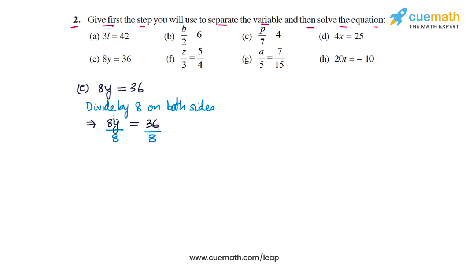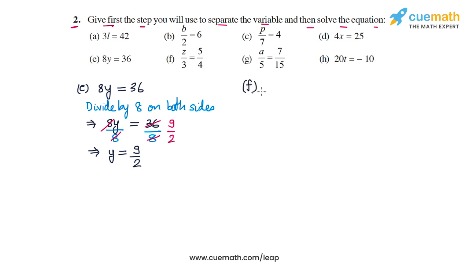We divide by 8 on both sides, so the 8's on the LHS cancel out, and on the RHS, 36 by 8, there's a common factor of 4 in the numerator and the denominator. So 36 by 4 is 9, and 8 by 4 is 2. So in the simplest form we have 9 by 2 on the RHS. So we get y is equal to 9 by 2. This is the solution in part E.